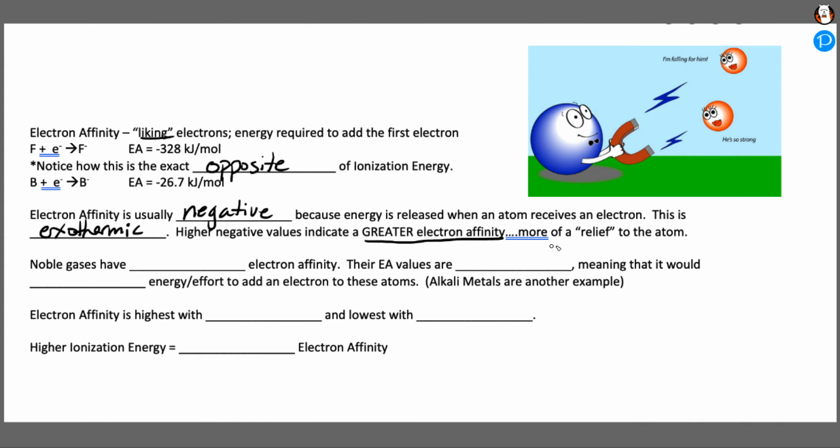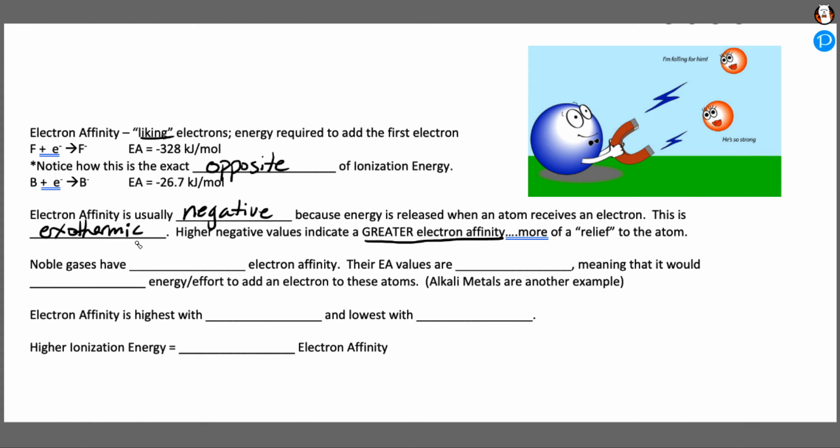We can think about it as more of a relief to the atom. So it's giving off more energy. If it's got those higher negative values, it's giving off more energy, becoming more stable. So if you've got a higher negative value, that means you have a really great electron affinity.